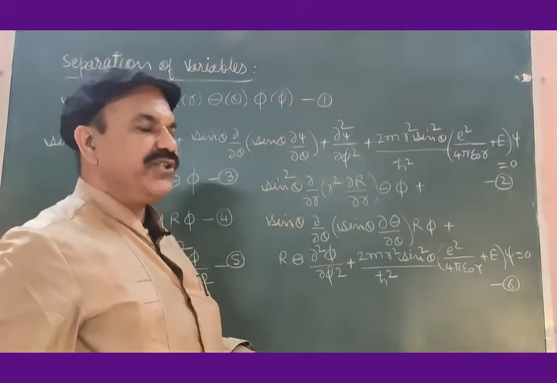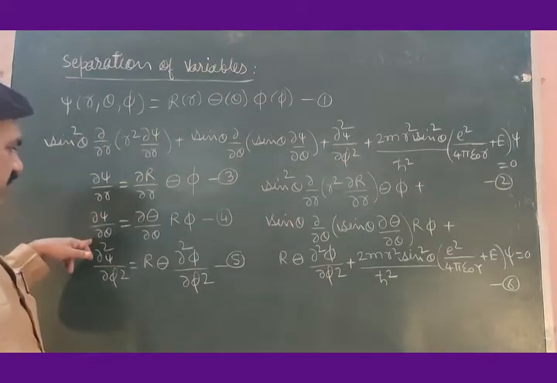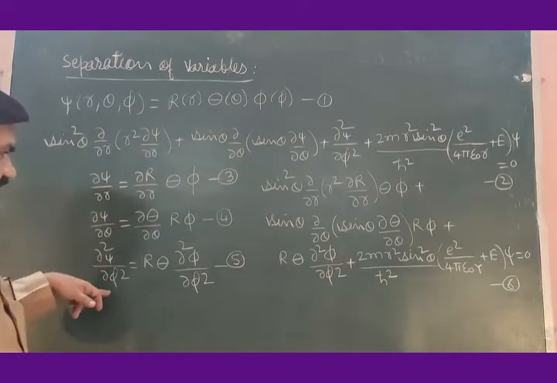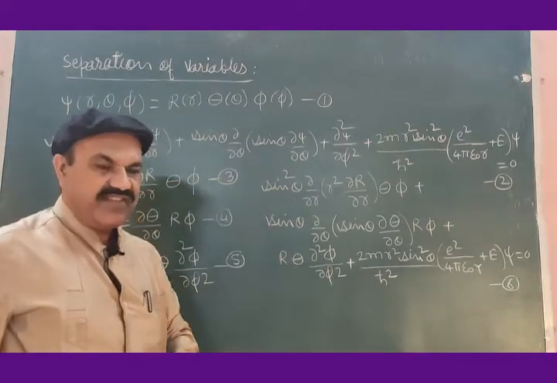After substituting values for ∂ψ/∂r, ∂ψ/∂θ, ∂²ψ/∂φ² from 3, 4, 5 into 2, we get equation 6.